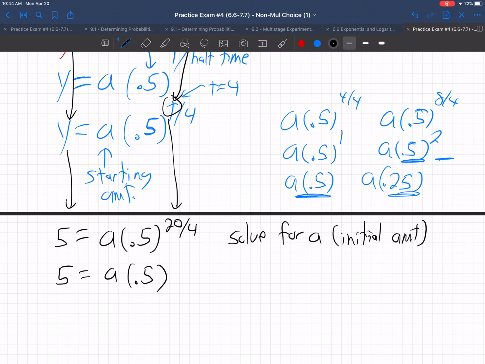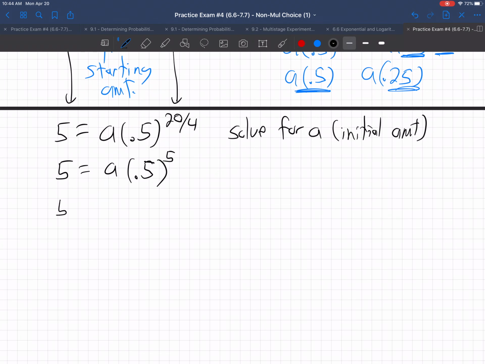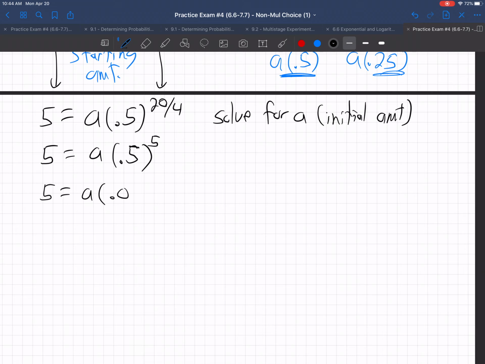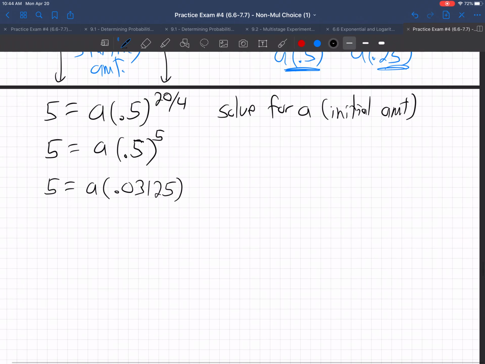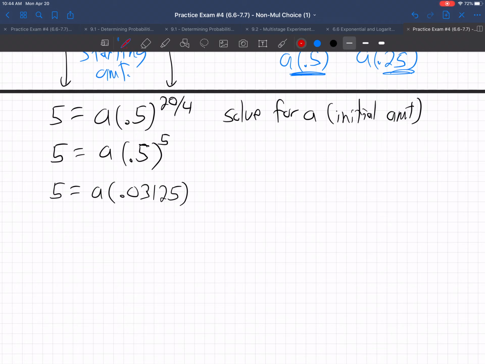This is going to be 0.5 to the 5. And 0.5 to the 5, let's see what it is. It is 0.03125. All right, so now we're going to solve that equation for A. Divide by 0.03125. Cancel this out.